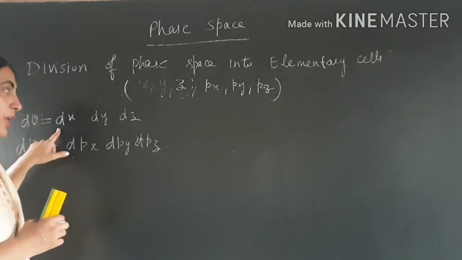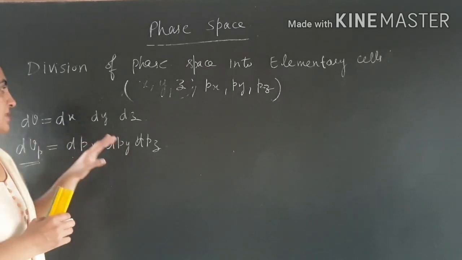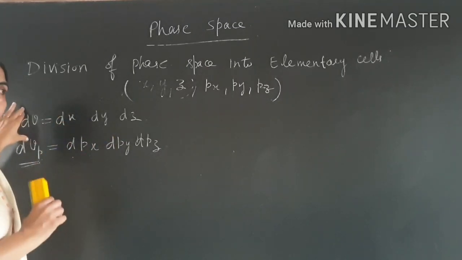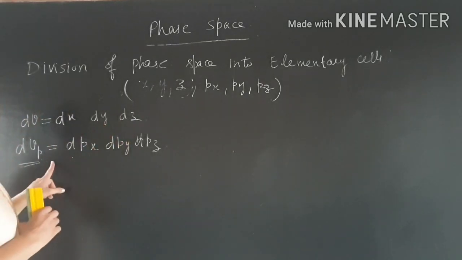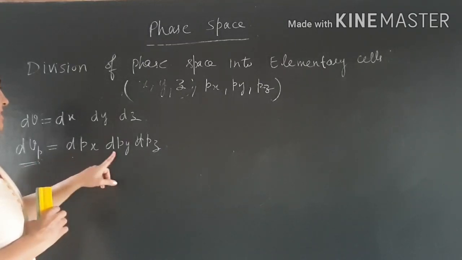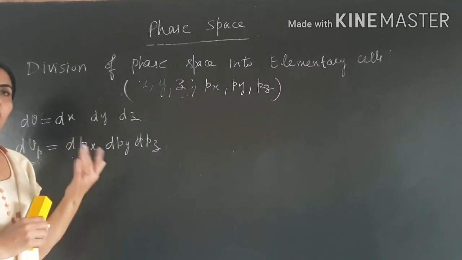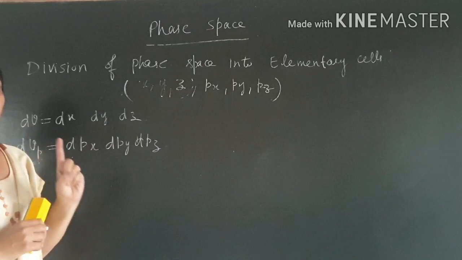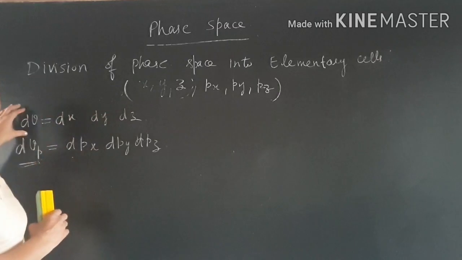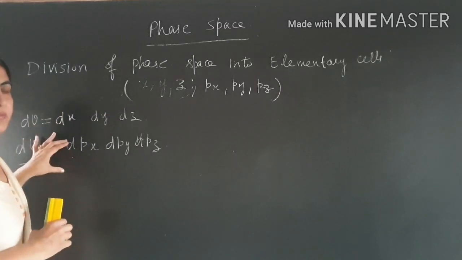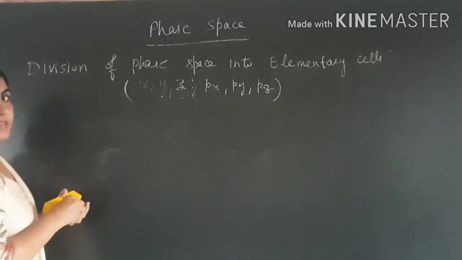This is the small volume enclosed by a particular cell in position space, and this, dpx, dpy, dpz, is the small volume enclosed by a particular cell in momentum space. The combination of these two, in position space and in momentum space, is the volume enclosed by a cell in phase space.